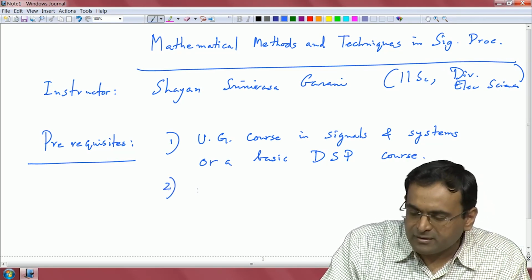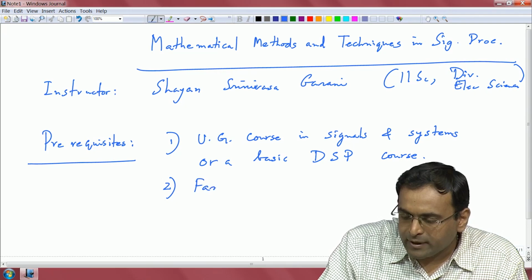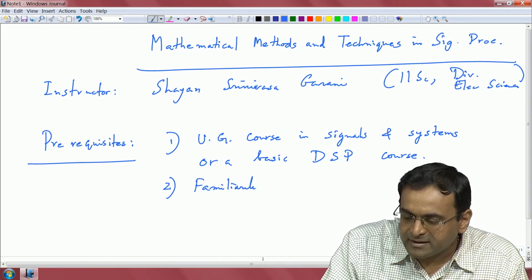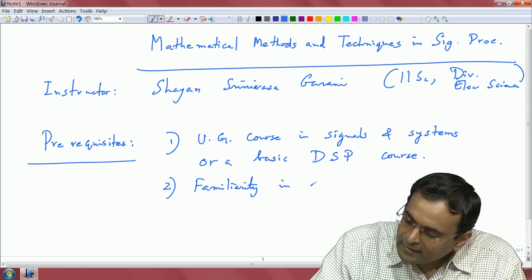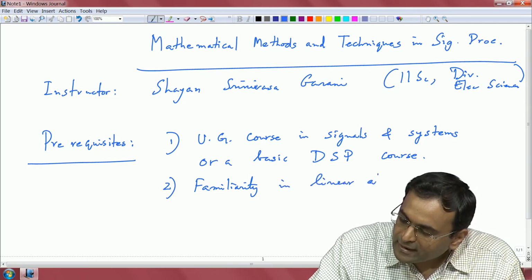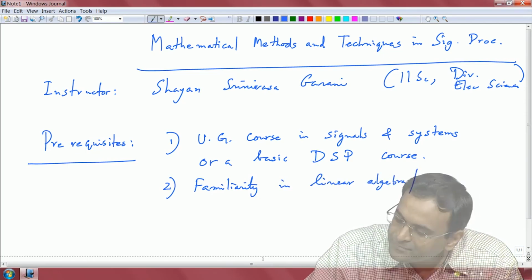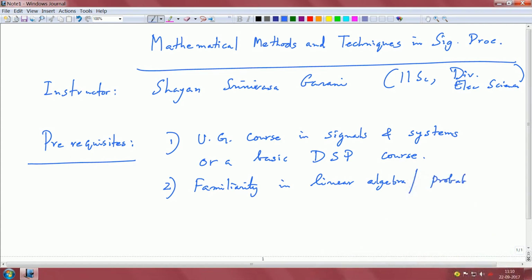There are no co-requisites, and I would expect some familiarity in linear algebra, probability and random processes, etc. So, these are some basic math at the undergraduate level you should be comfortable with, and the prerequisite is basically an undergraduate course in signals and systems.